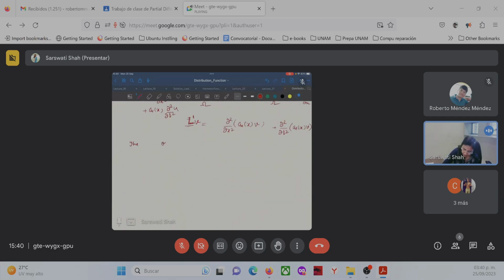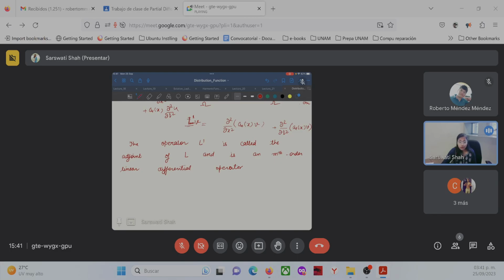The operator L dash is called the adjoint of L and is an mth order linear differential operator.